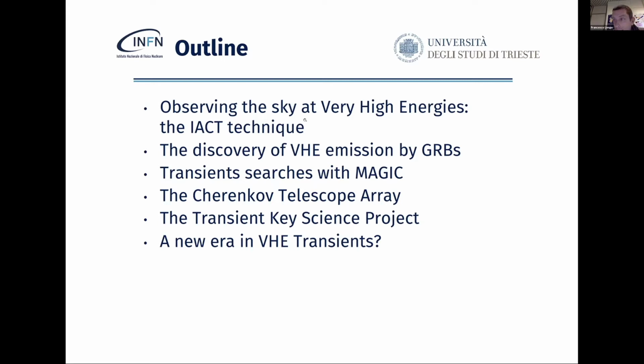Based on this experience, there are similar projects in all the other major operating Cherenkov telescopes, like VERITAS, that you might know better, and HESS as well. So based on this experience, the Cherenkov Telescope Array, which is currently being built, will also have a transient key science project. And at the end, we'll conclude with the new era in very high energy transients, with just a few highlights and the possibility of using this telescope also for SETI searches. So this is what I'm going to tell you today.